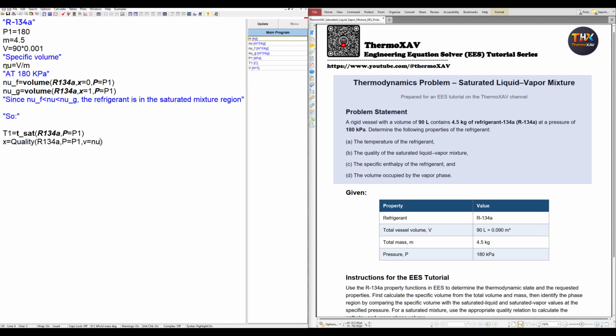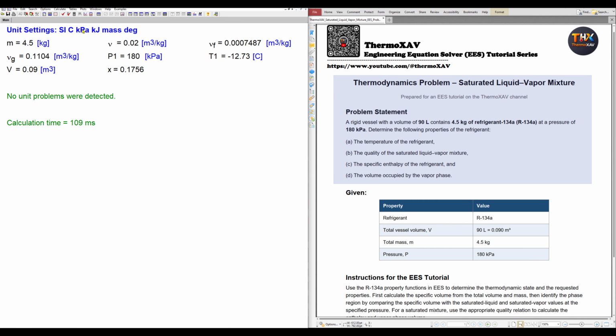Based on this specific volume and also this pressure, we can find the quality of this refrigerant as in the given data. I can just simply calculate, and the quality of this refrigerant is 0.1756, which is a unitless quantity actually.